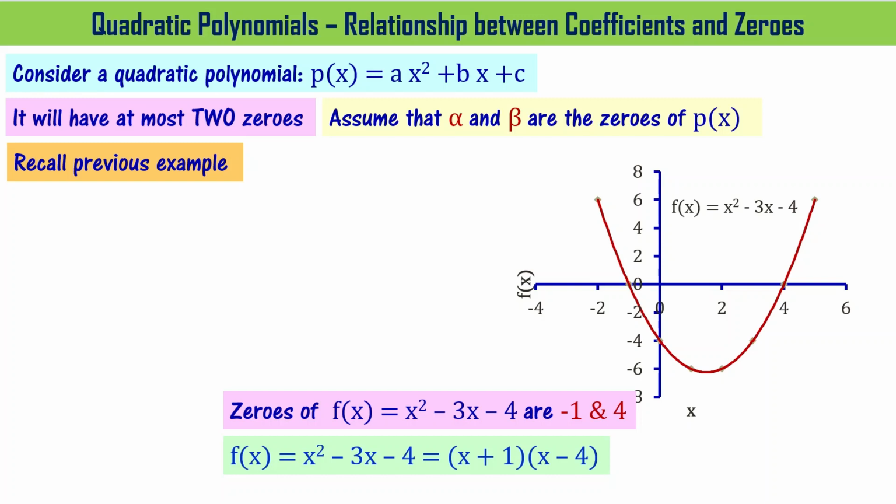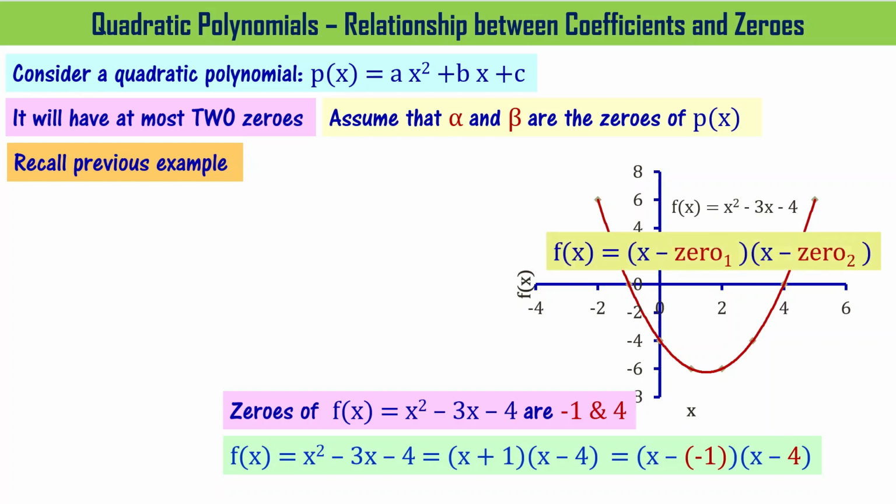Let me rewrite x plus 1 as x minus of minus 1. When you do that, you can say one thing. I have minus 1 and 4 as zeros of the given polynomial, and the minus 1 and 4 are shown in the factors also, right?